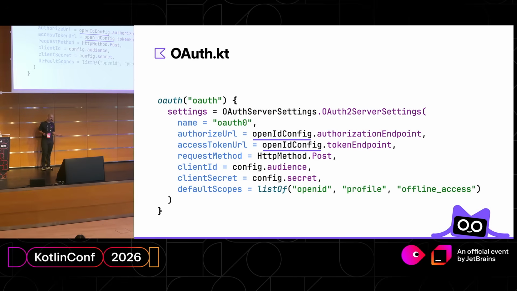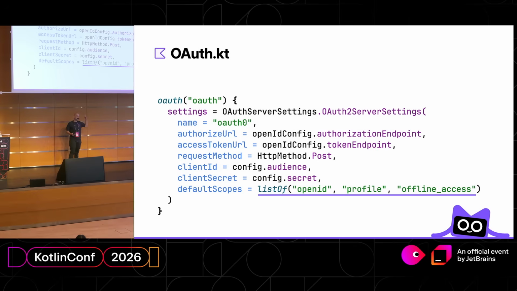And then we configure our OAuth configuration, and again, this is quite some boilerplate. So what are we doing? We're using our discovered OpenID configuration to set the authorization endpoint and the token endpoint. We use our application configuration to configure the client ID and the secret.